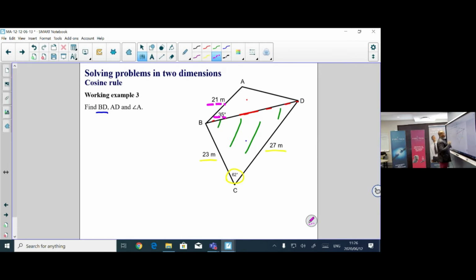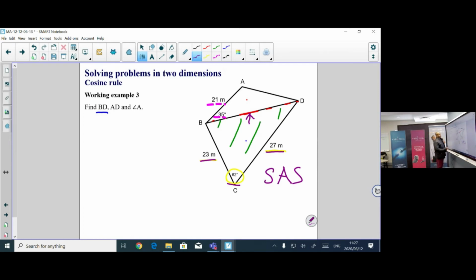And now let's check if it can satisfy the cosine rule condition, which we said is that we must have a side, angle, side. Yes, indeed, we have a side followed by an angle followed by a side. Okay, so we can use the cosine rule since we are looking for this side here.